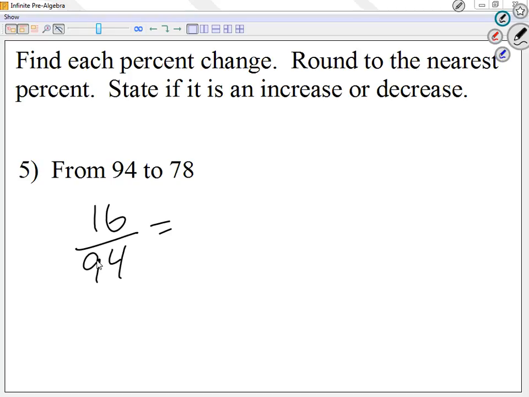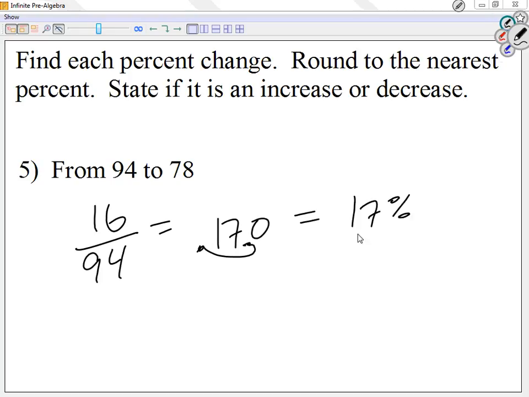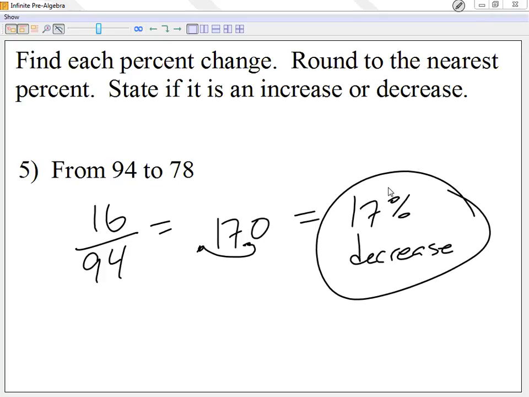So 16 divided by 94. Only looking at the first three decimal numbers, it is 0.170. That 0 is not big enough, because I'm going to move this 2 places to the right. The 0 is not big enough, so I'm going to call this 17% decrease, and it is a decrease because the price went down.